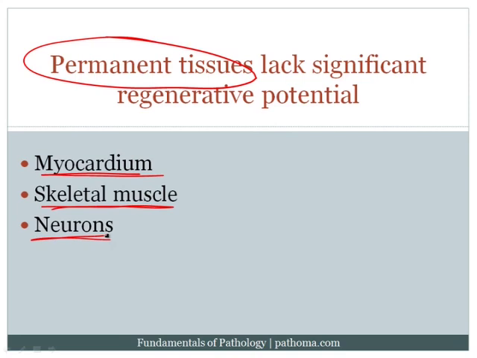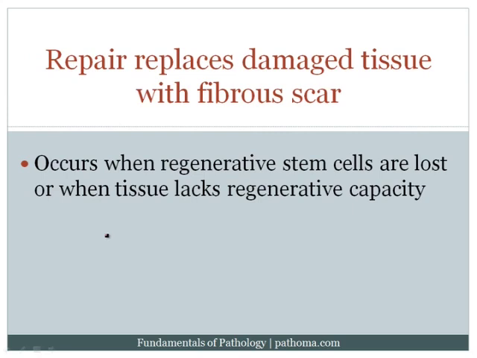These tissues don't technically have significant amounts of stem cells, and therefore, once they get damaged, they're not able to regenerate themselves. And so, what's the classic occurrence if these tissues get damaged? The classic way by which they would heal is called repair. And remember, the idea in repair is that you can't give back the normal tissue, so instead you have to replace that damage with a fibrous scar.